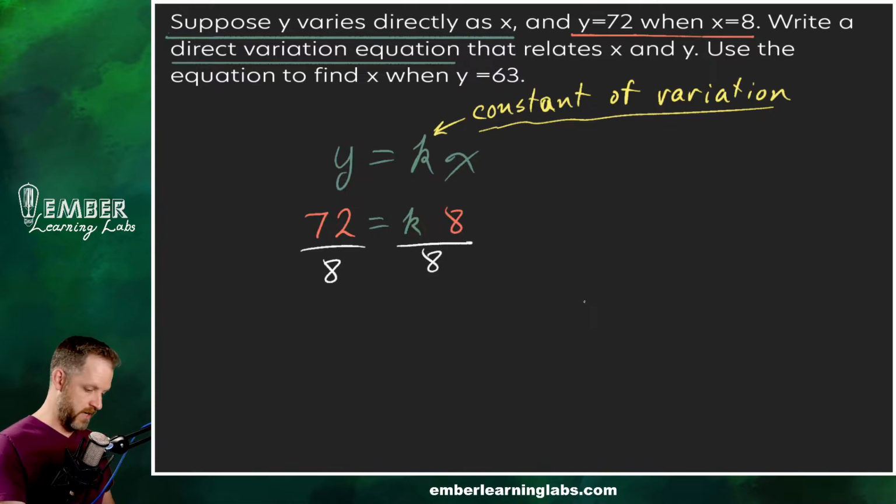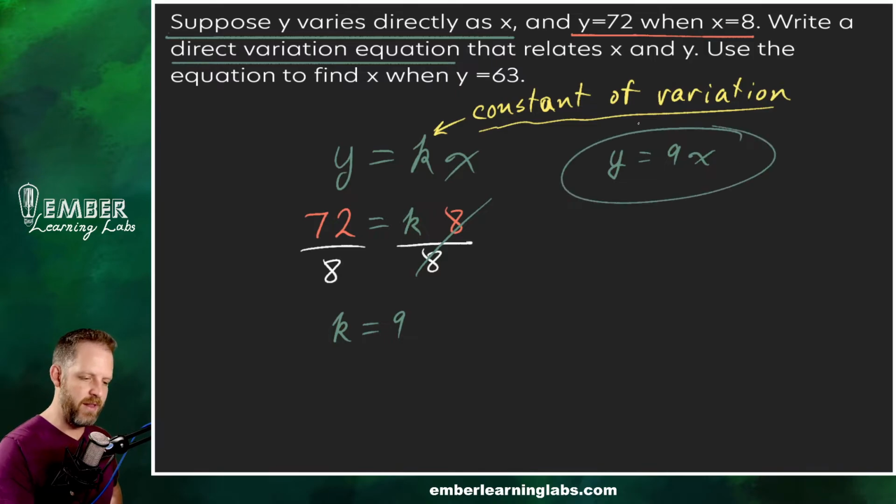I didn't have to double check that. You try doing it live on camera. 9, these cancel, k equals 9. All right, so our equation then is y equals 9x. So there's the equation.